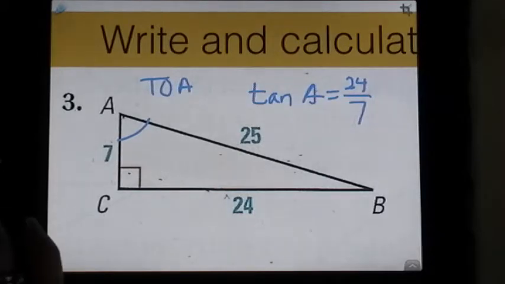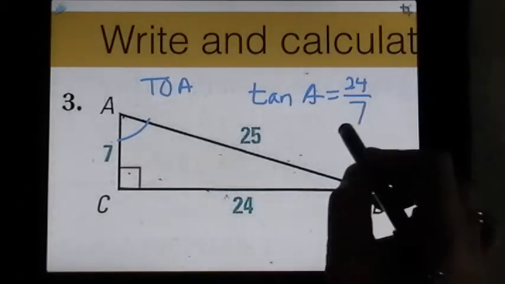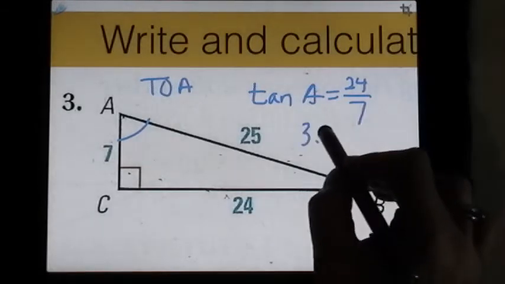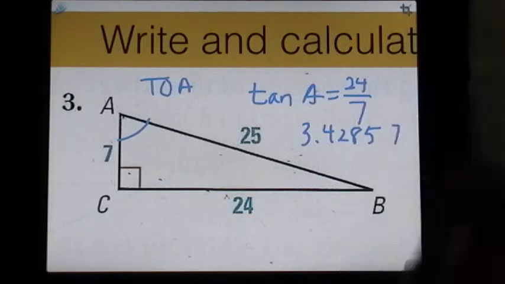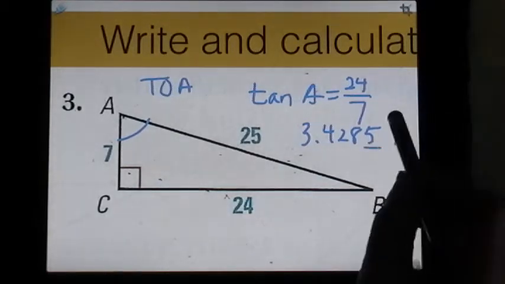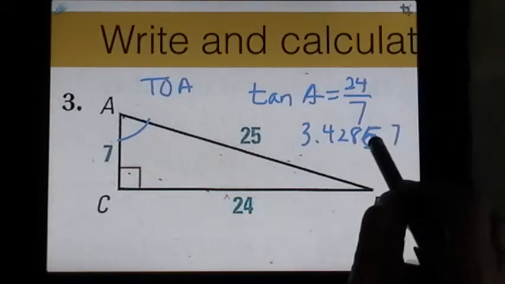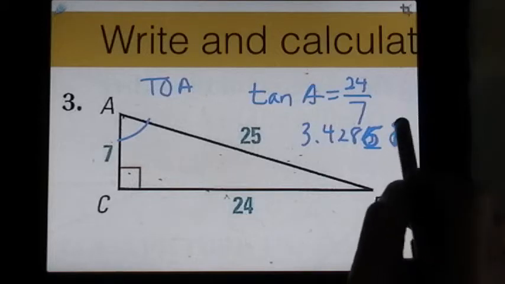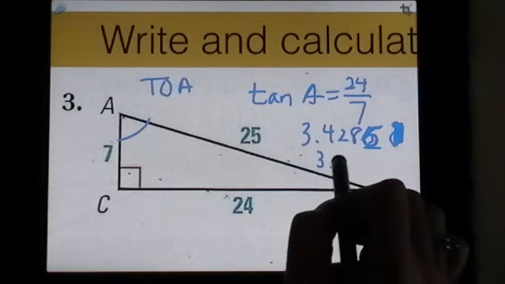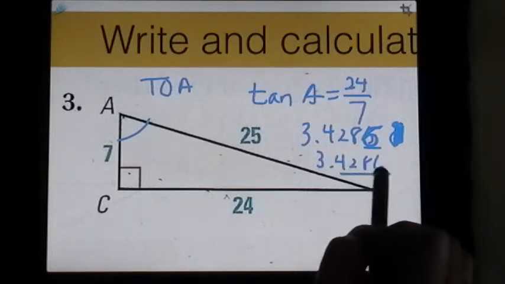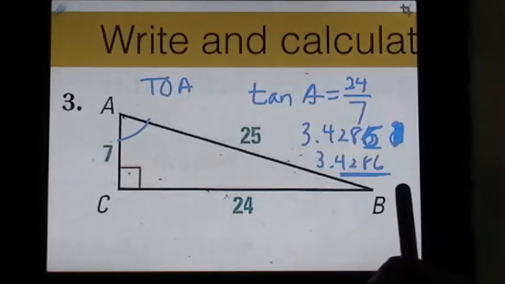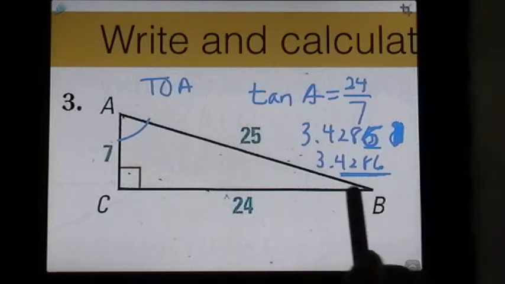And so it can be a number greater than 1. 24 divided by 7 is 3.428, and then the next number is a 7. That means your 5 is going to bump up to a 6, and then that 7 will disappear. So it's 3.4286. Notice I have 4 decimal places. That's not 4 numbers, that's 4 numbers beyond the decimal point.